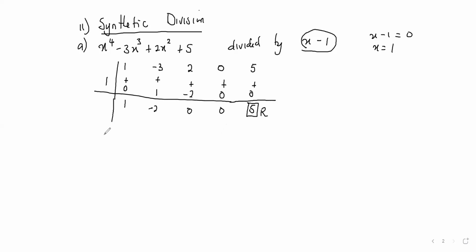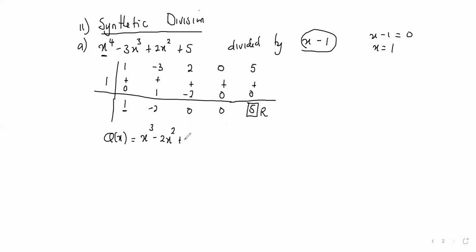So we're going to have the quotient. Since this was x power 4 and we've divided by x power 1, this is the coefficient of x power 3. The following one is the coefficient of x squared.